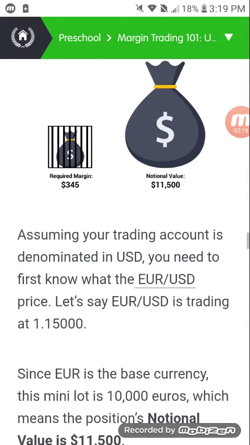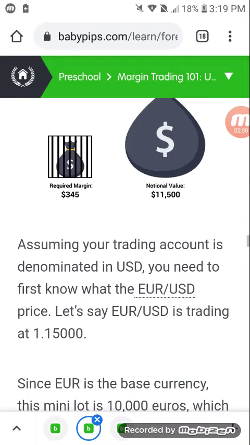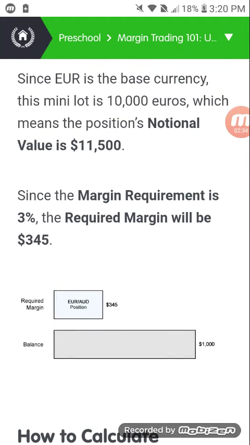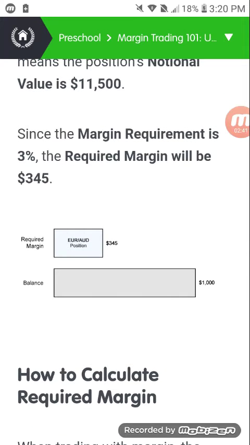Let's say that EURUSD is trading at 1.500. Since Euro is the base currency, this is a mini lot of 10,000 euros, which means that the position notional value is 11,500. Since the margin requirement is 3% of that, the required margin will be 345. So this is how you come up with your balance and your required margin for that.